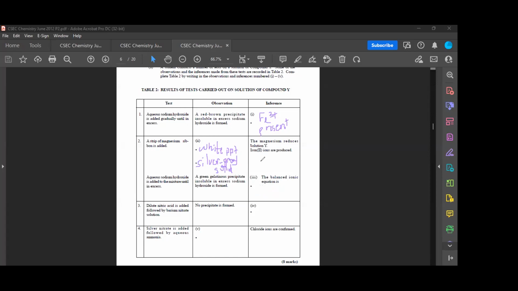When you are writing an aqueous equation, anything that does not change in a reaction, if it doesn't change state and goes back into the product in the same state, it is automatically omitted. So sodium hydroxide would have been aqueous. When it goes back into the solution, it would have still been aqueous, but it would be left in the solution. It would not be a solid. Okay, sir.